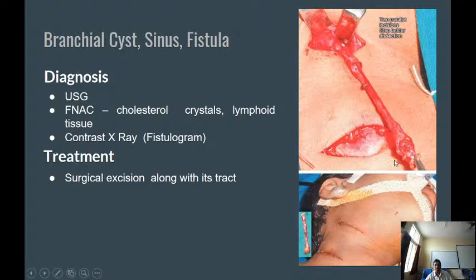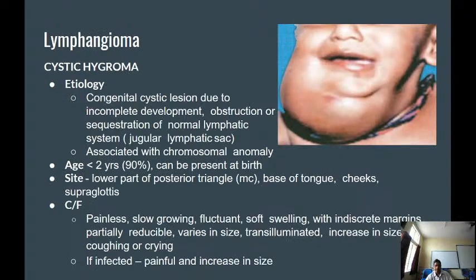The excision has to be right from the sinus, and if it is a sinus, the entire tract right up to the tonsil region intraorally. This tract goes in between the external and the internal carotid arteries, because developmentally it develops from the second branchial cleft.